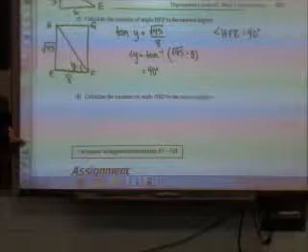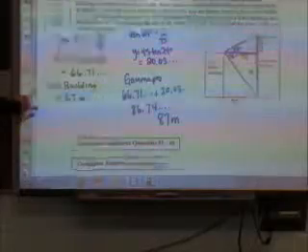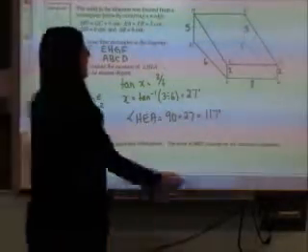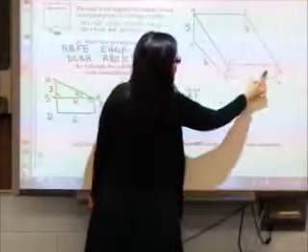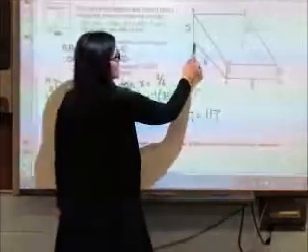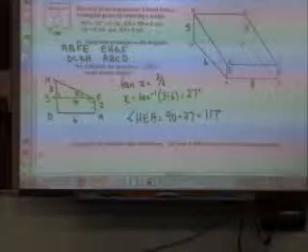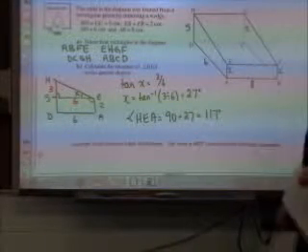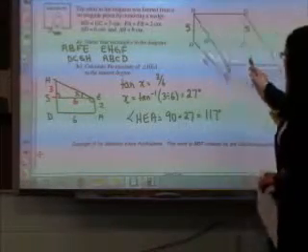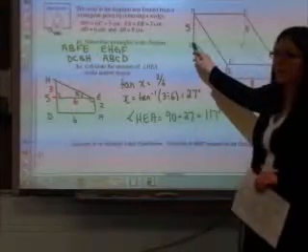If I go back to the previous picture, I'm looking for H to B to D. So I need this triangle H to B to D.